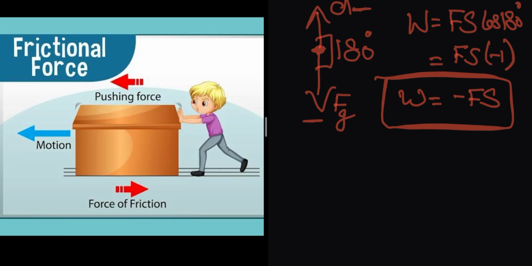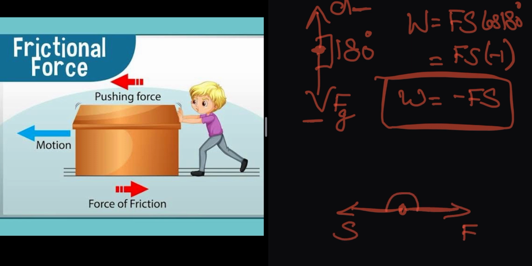Frictional force. Students, frictional force always acts opposite to the direction of the motion, because frictional force is nothing but a resistive force which always tries to stop the motion of the body. So if the object is moving in this direction, the frictional force will always be opposite.